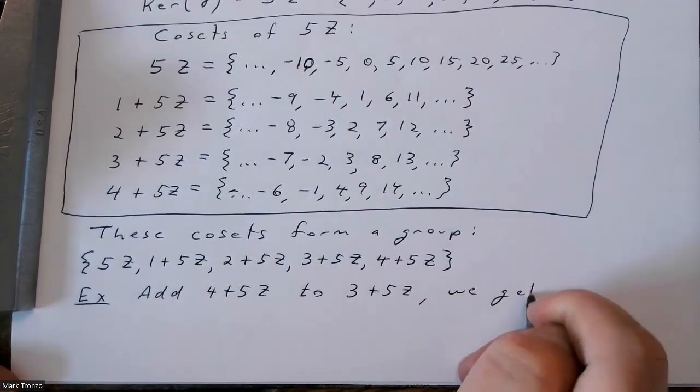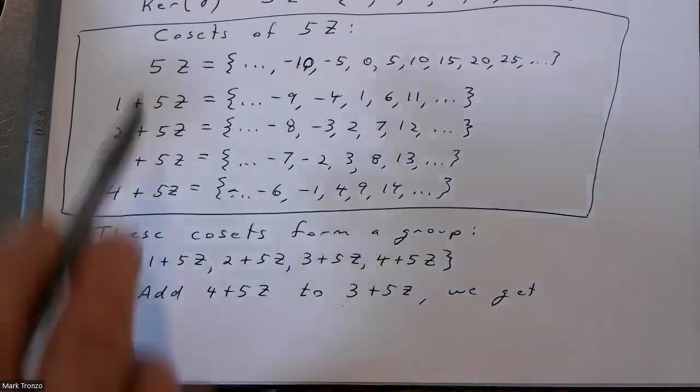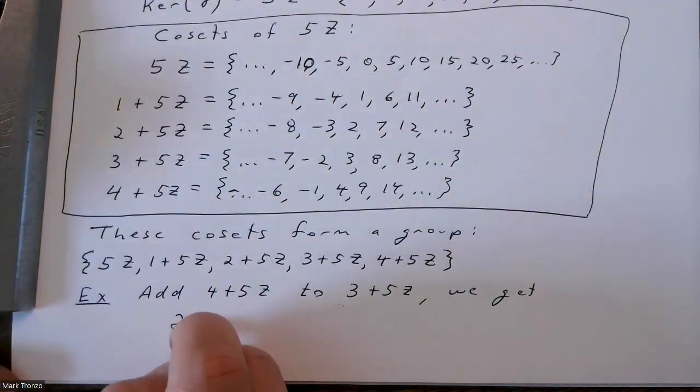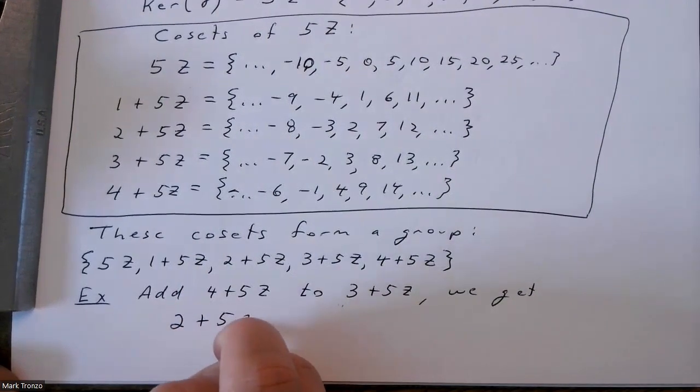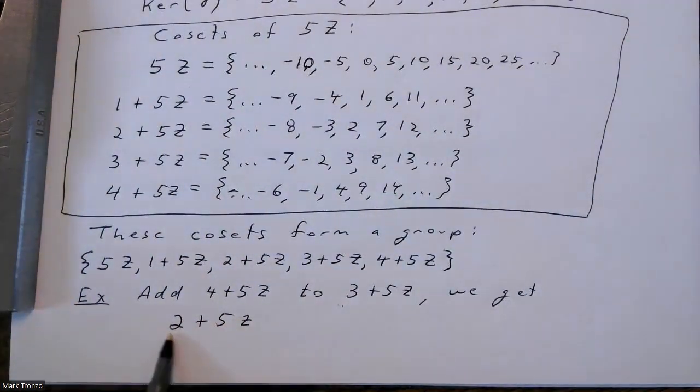We get, this will end up being 7. So 7 mod 5 is going to be 2. We get 2 plus 5Z. So that's how we work with the members of the group. You can add the members together and you get another member of the group.